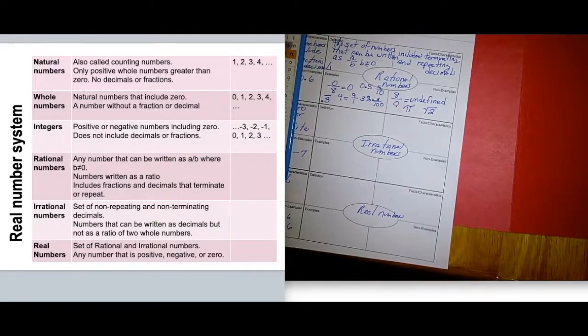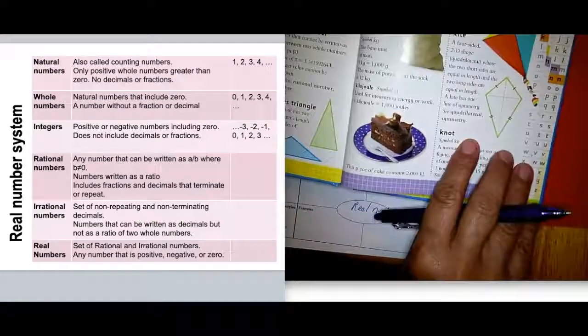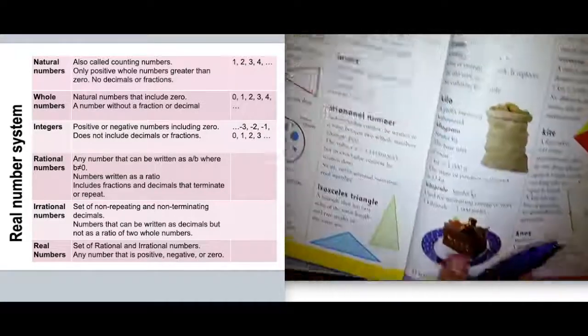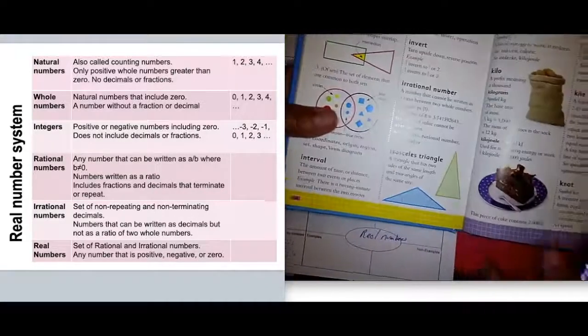An irrational number is a number that cannot be written as a fraction.